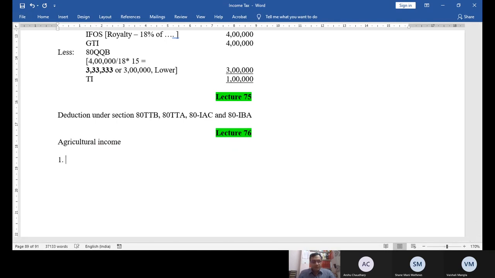So what points have I discussed? Agricultural income in India is 100% exempt from tax. Section 10 clause 1 says this.